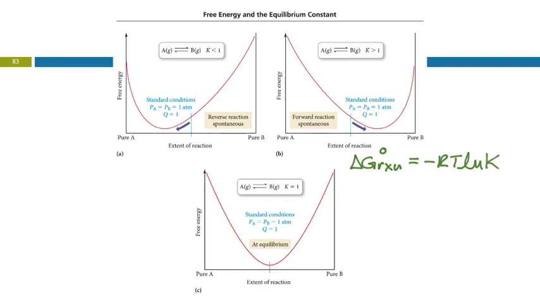If K is a big number, let's say 10, then negative RT natural log of 10. The natural log of 10 is 2.3. R and T are always positive numbers. So we've got negative RT times 2.303. And we can say that delta G is negative.